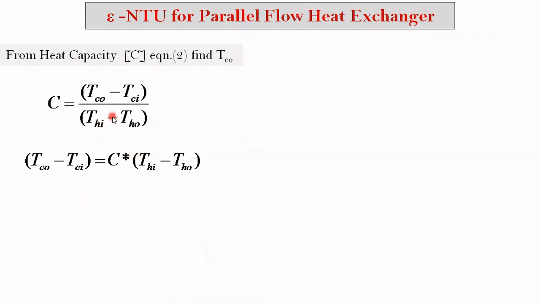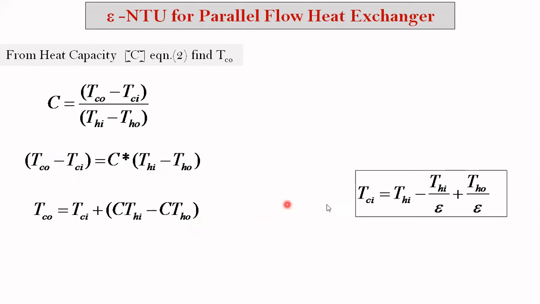So we can bring this term here. So C multiplied by THI minus THO. So TCO equal to TCI plus C(THI minus THO). Now we know the value of TCI as THI minus THI upon effectiveness plus THO upon effectiveness, which we have derived in the previous slide.